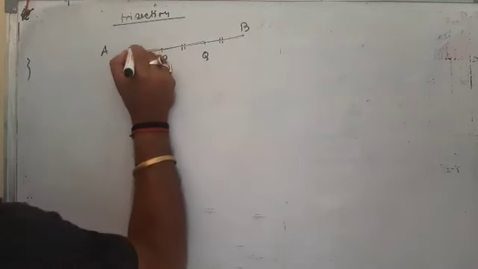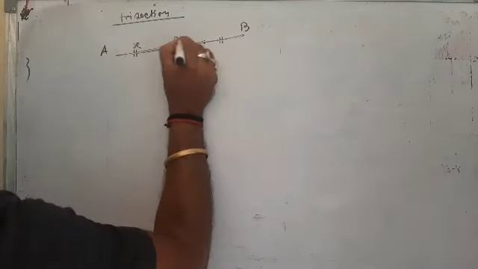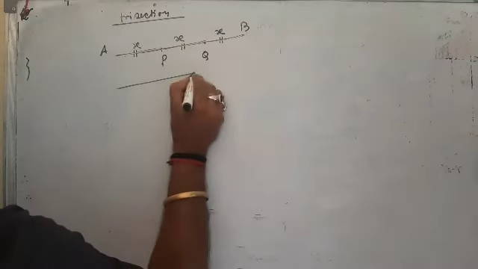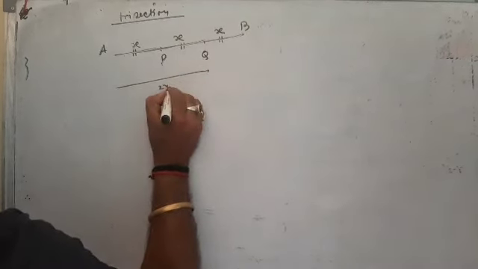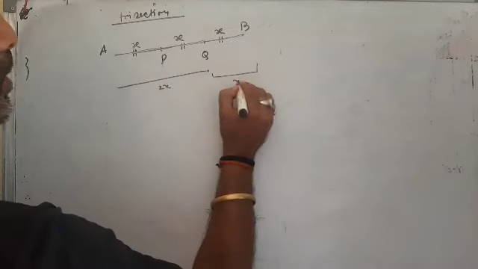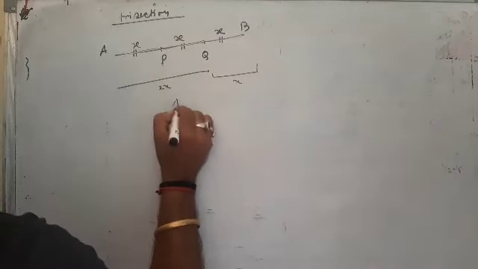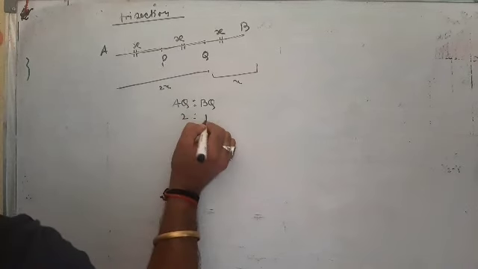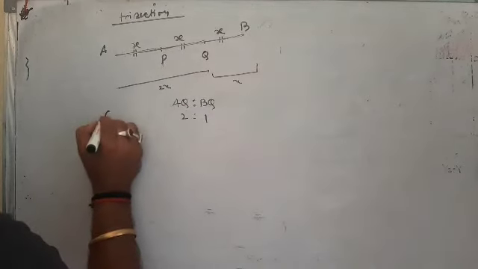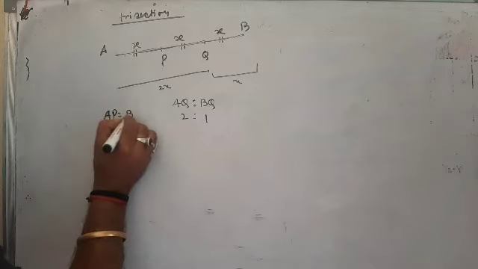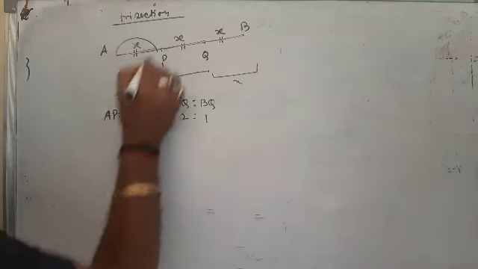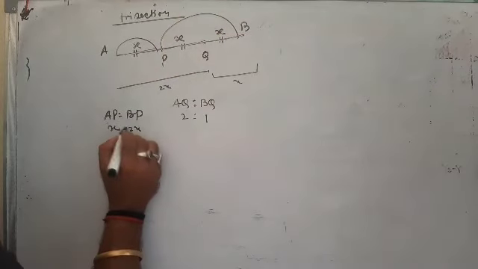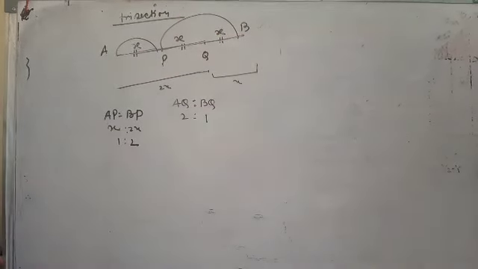That means if I take AP is equal to x, 100% sure PQ is also x and QB is also x. So AQ is how much? AQ is 2x and BQ is x. So what is the ratio? AQ is to BQ is 2:1. What is the ratio AP is to BP? AP is x and BP is 2x. So here the ratio is 1:2.